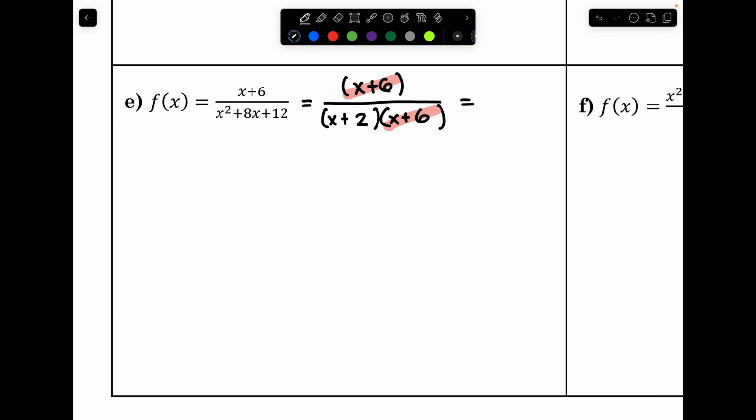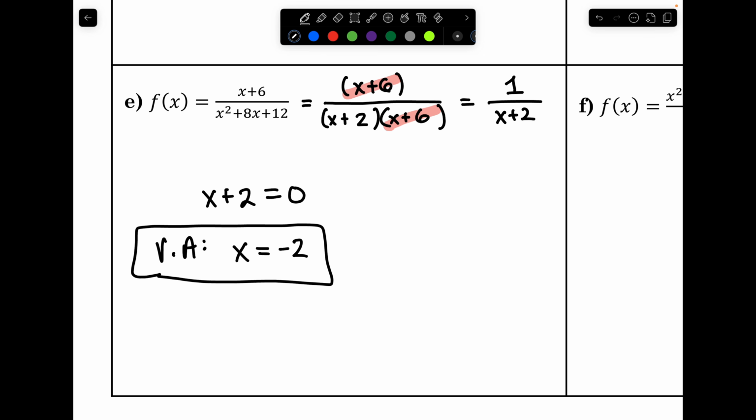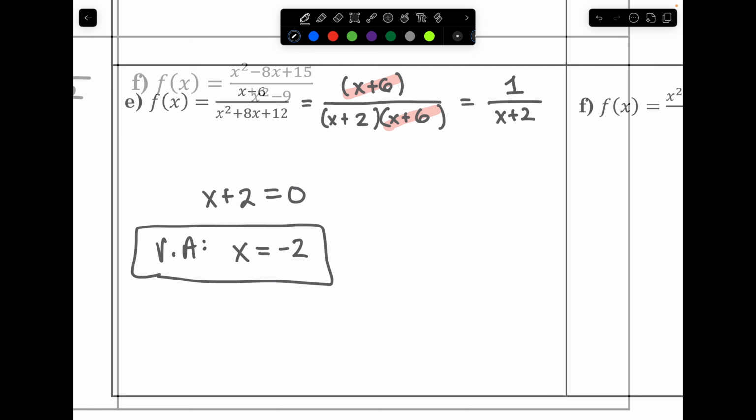So simplifying this, we end up with 1 in the numerator, x plus 2 in the denominator, which means that the vertical asymptote is only going to be the result of finding what makes x plus 2 equal to 0, which the answer to that is negative 2. So this is the vertical asymptote that this graph will have.